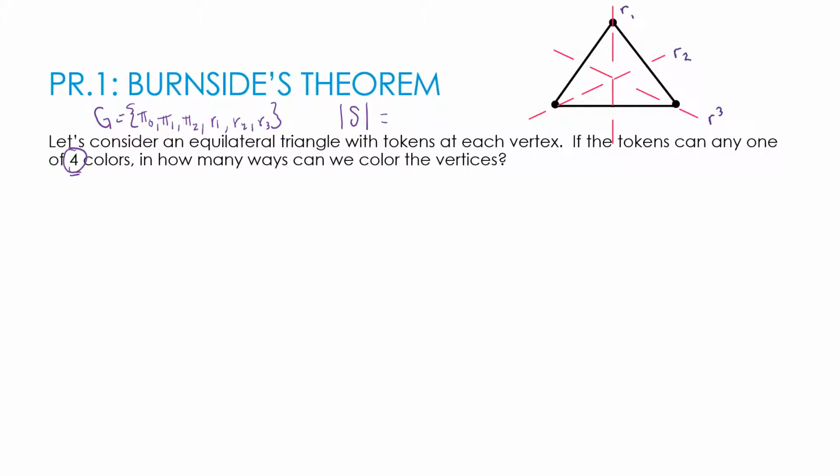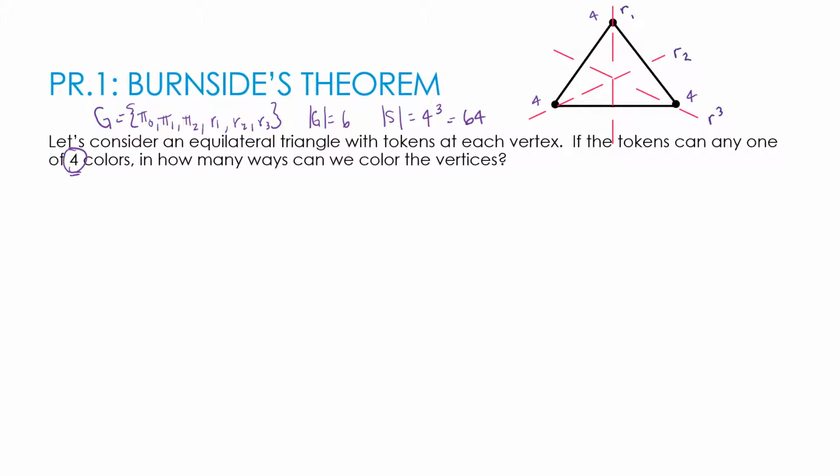So the size of G, I'm going to move over S, the size of G is 6. My question is now, what is the size of S? Well, if I have 3 vertices, and each of them can be 4 colors, this can be 4, this can be 4, this can be 4, so that's 4 to the third. 4 to the third is 64.